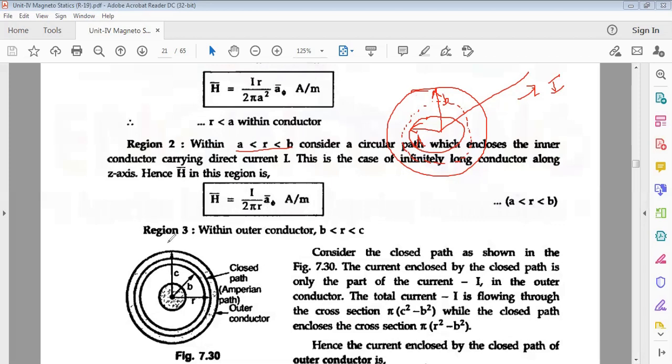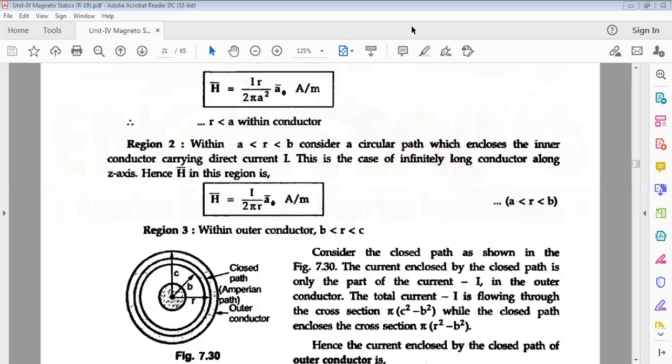Now the region 3, within the outer conductor, between b and c, means r is greater than b and r is less than c.